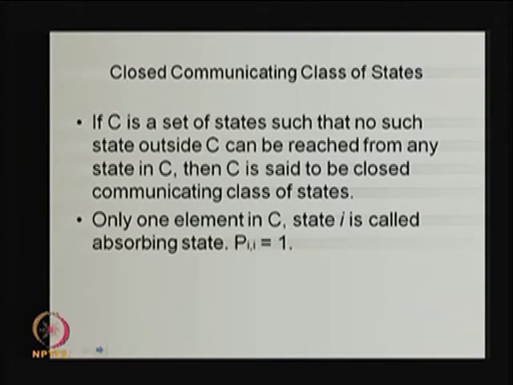Suppose you collect a set of states and label it C. That set is called a closed communicating class of states if no state outside C can be reached from any state in C.